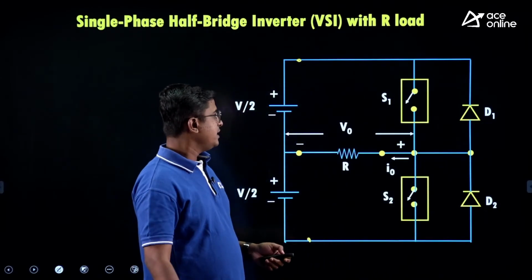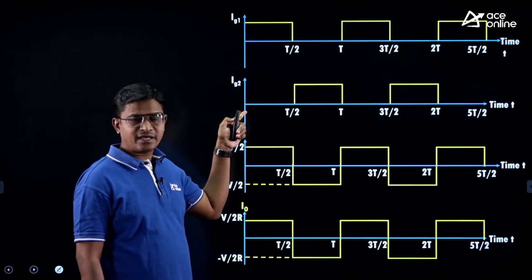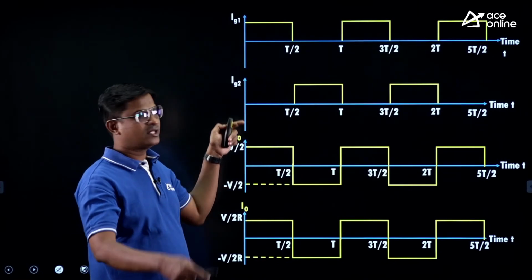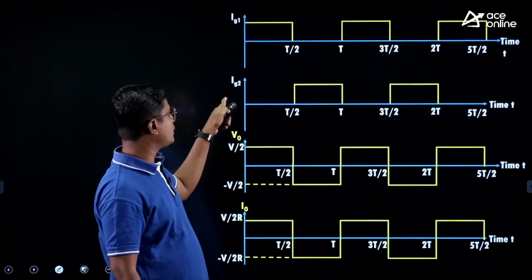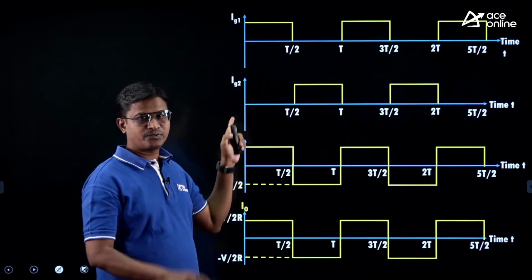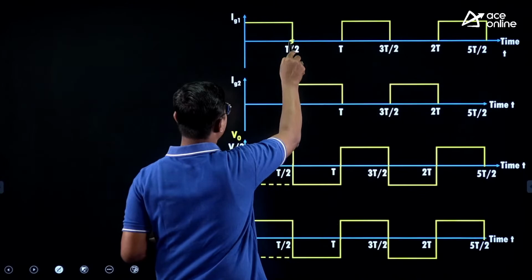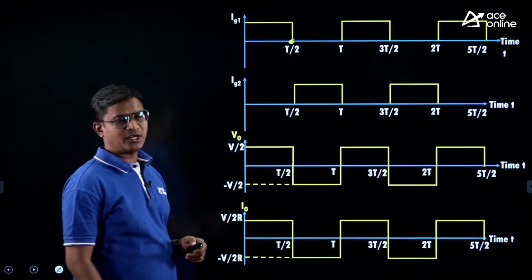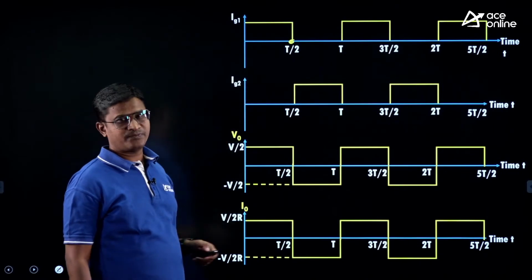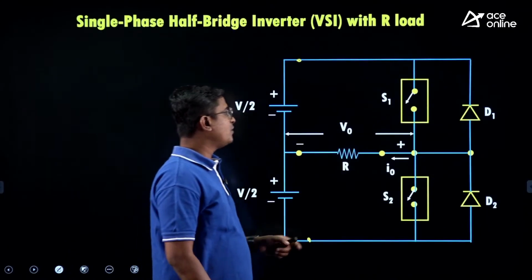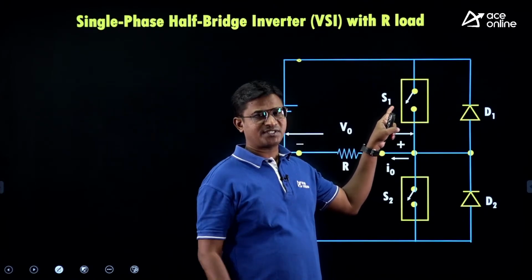Now, here IG1 and IG2. IG1 indicates the controlling signal to the switch S1, and IG2 indicates the controlling signal to the switch S2. During t equal to 0 to T by 2, we are applying the controlling signal to the switch S1. Suppose this is a power BJT, for example.